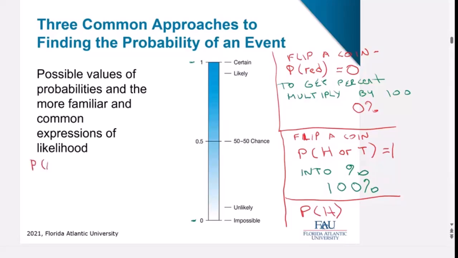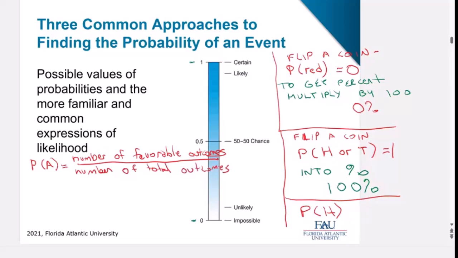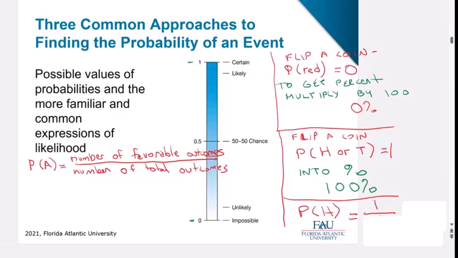Probability of some event is equal to the number of favorable outcomes divided by the number of possible or total outcomes. For example, the probability of getting a heads is equal to the number of favorable, 1, divided by the number of total outcomes, 2.